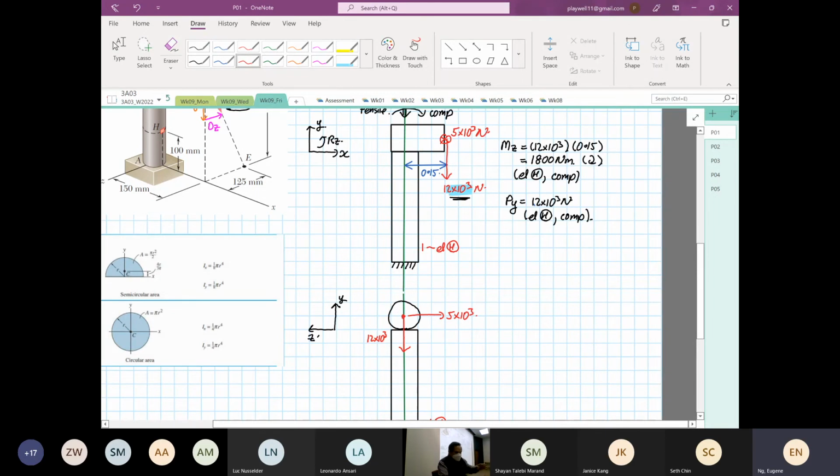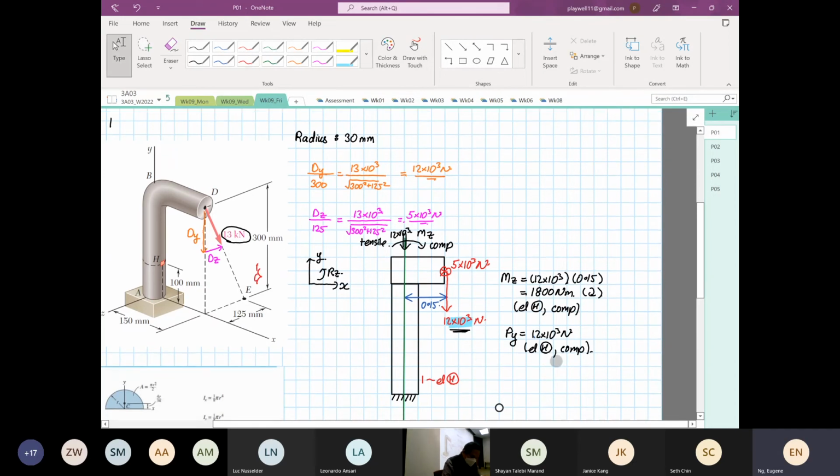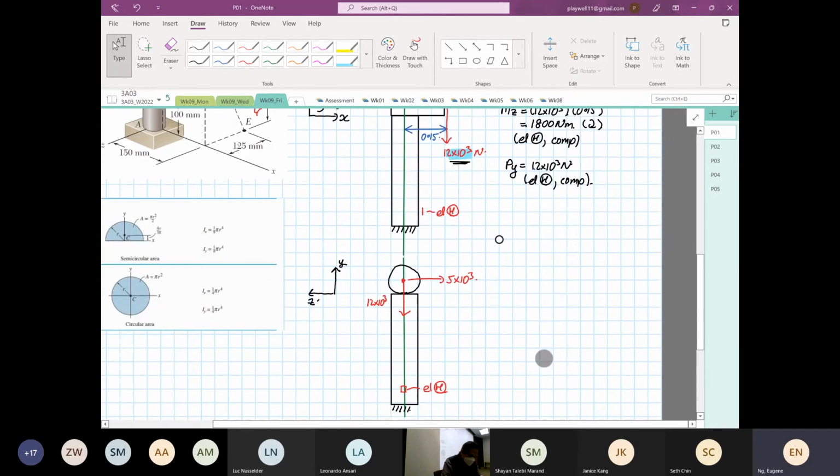We are looking at the front view now, so our eyes are now over here. Over here, we know that this is our rotation in our X, and we are going to have a moment.